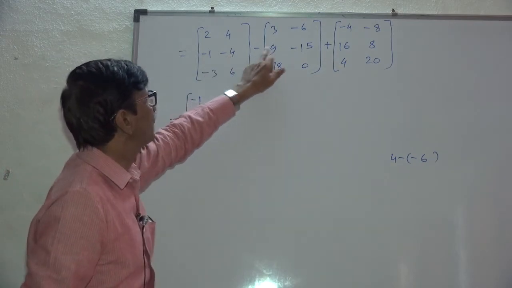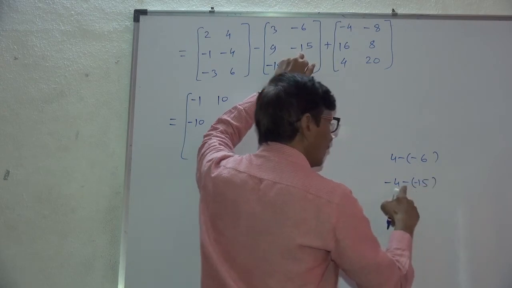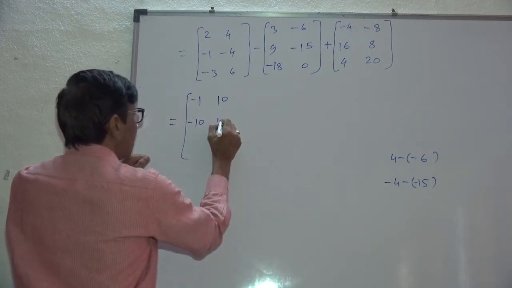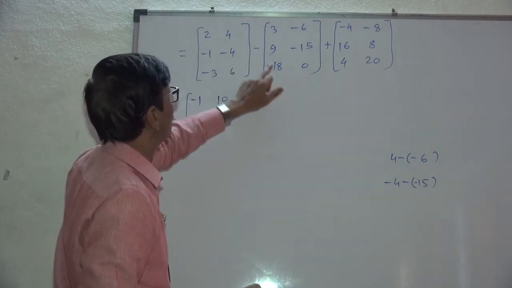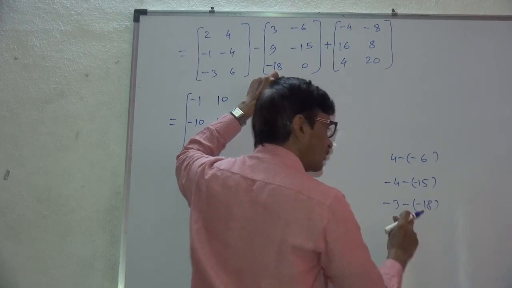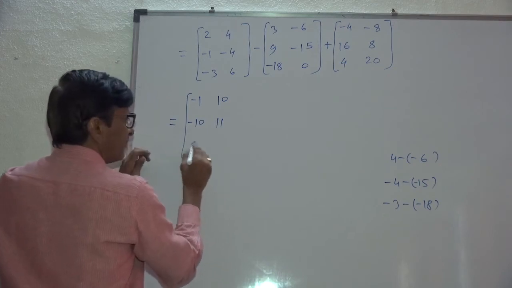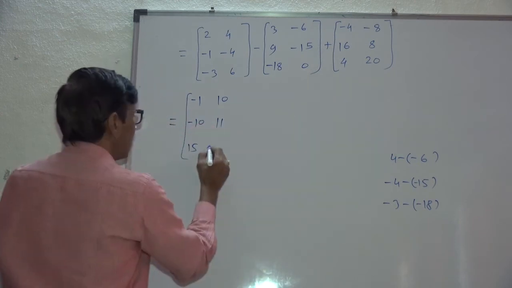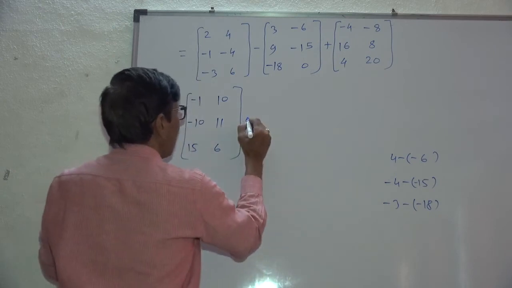Minus 4 minus of minus 15, so minus of minus becomes plus, so 15 minus 4, that will be 11. Now minus 3 minus of minus 18, so minus of minus becomes plus, 18 minus 3, that is 15. And now 6 minus 0, that will be 6.